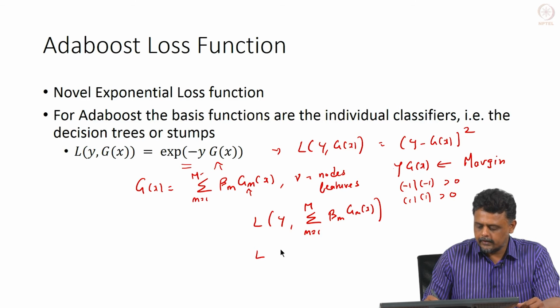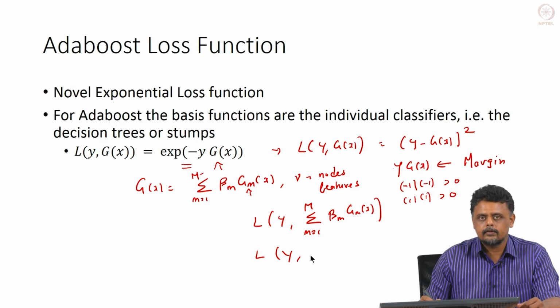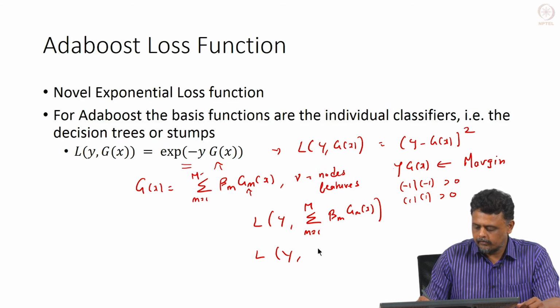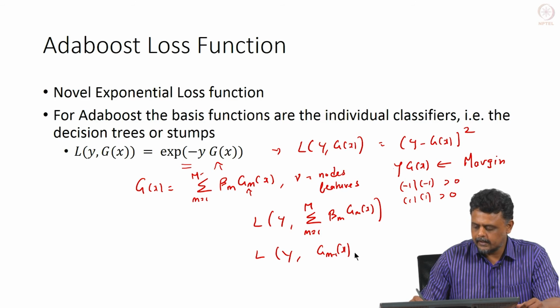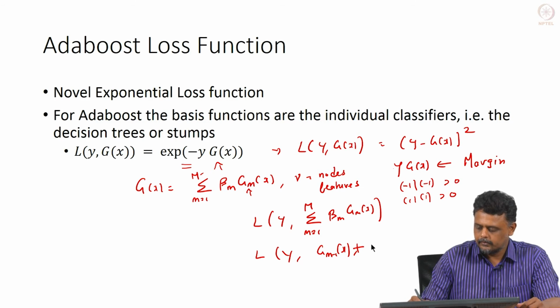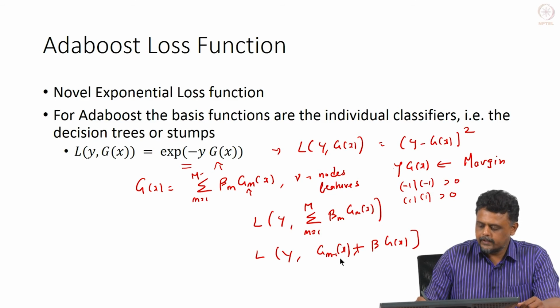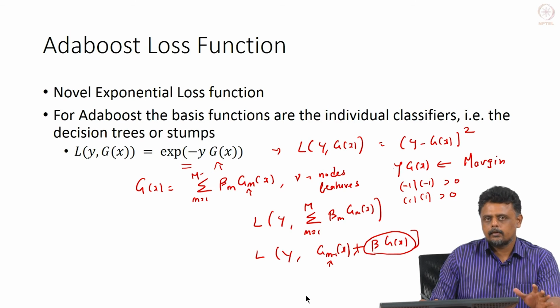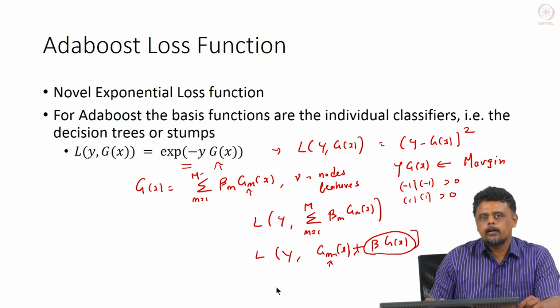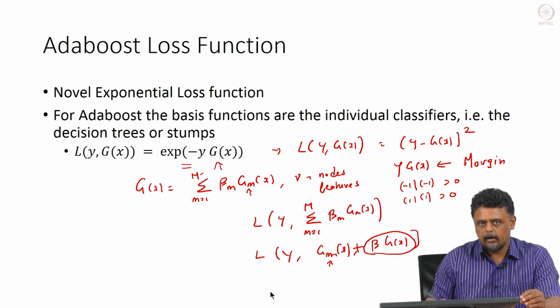So, that is why we take as input, of course, your y's, this is the ground truth, and since it is an additive model, we have g of m minus 1 of x plus some beta times g of x, and we do not touch any of the parameters here, but only estimate the parameters corresponding to this. Okay. So, that is the idea behind using this additive stage wise modeling.